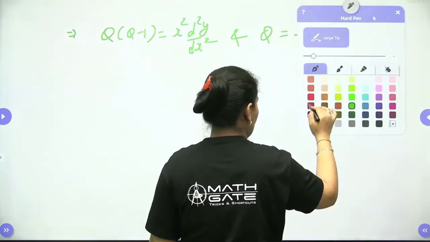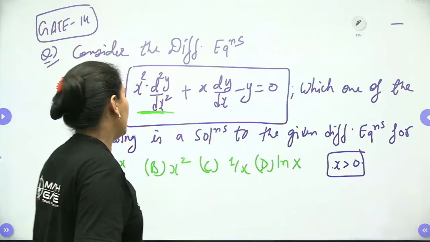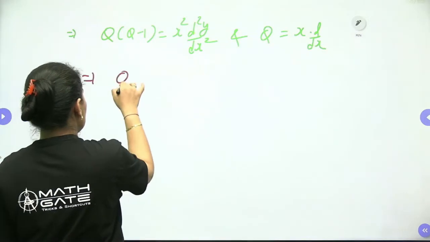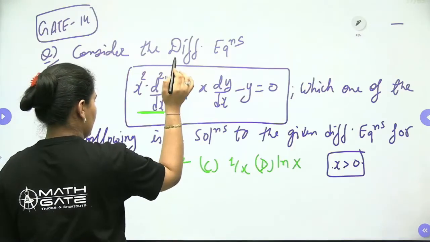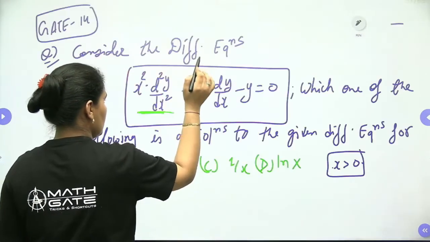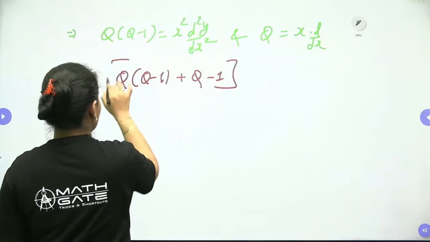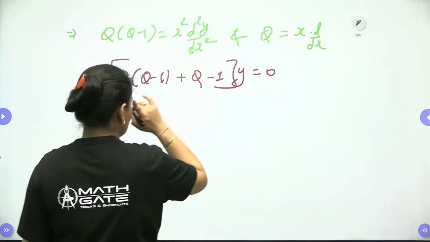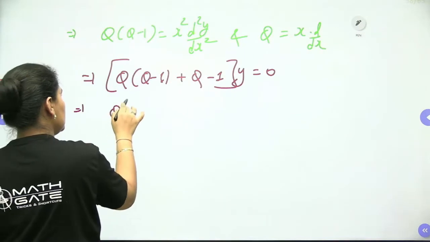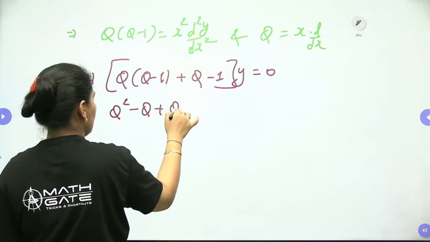So the equation becomes q into q minus 1 plus q minus 1, y is equal to 0, so q square minus q plus q minus 1.